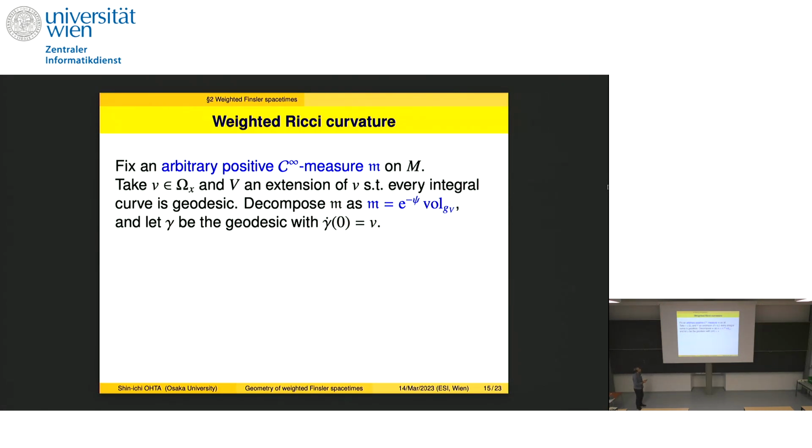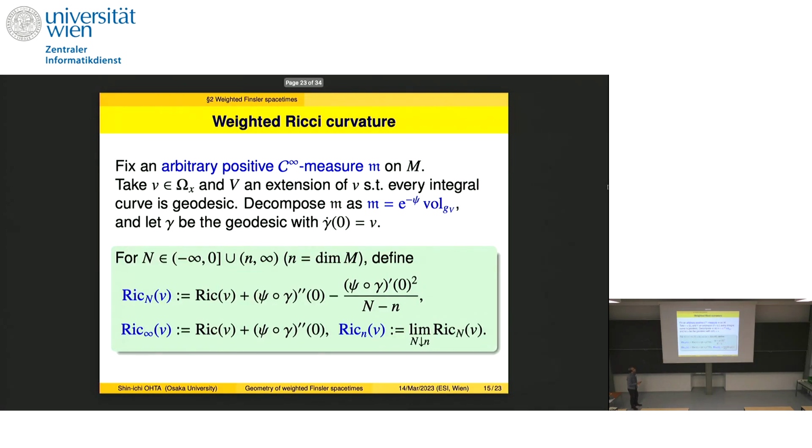And we can obtain the Lorentzian metric coming from this vector field. And we decompose our measure by using the canonical volume measure associated with this Lorentzian metric. And then we define the weighted Ricci curvature just in the same way as the Riemannian or Finsler case.